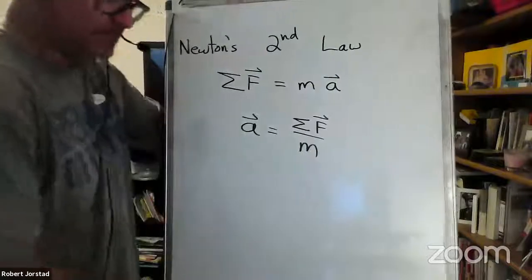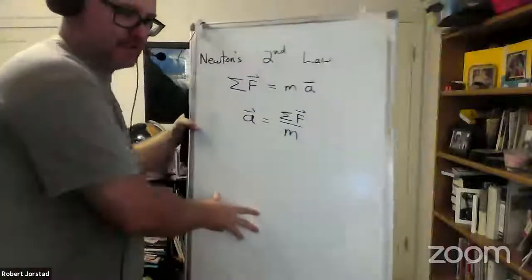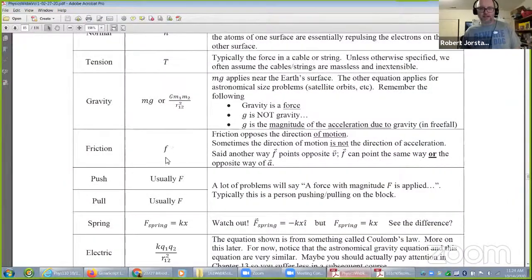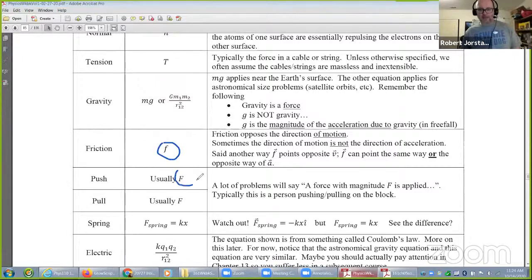Sweet. All right, so let's go back to our screen share and see if there was anything useful in there. Okay, so friction, I'm going to use lowercase f, just showing you here. Sometimes I'll use capital F, and so capital F is kind of my coverall. If I say a force with magnitude F is applied, that's usually like a zombie or somebody pushing or pulling on a block.